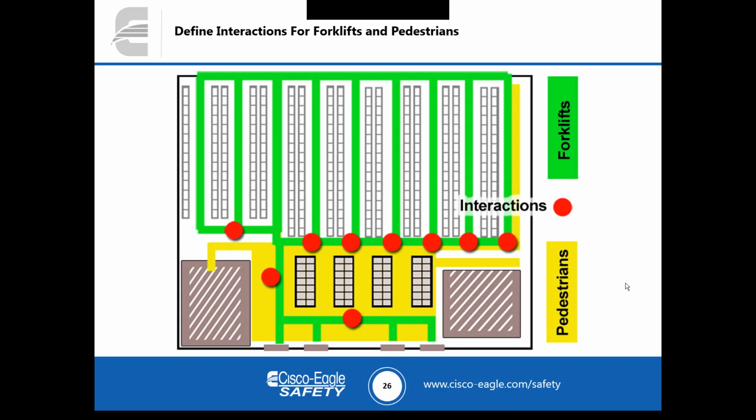The points where they intersect will be your interaction zones within your facility. And you're going to want to make sure that you mark and number these zones. In our example, we've marked the forklift and pedestrian interactions with red dots. And in doing so, we've highlighted 10 interaction zones within this facility.